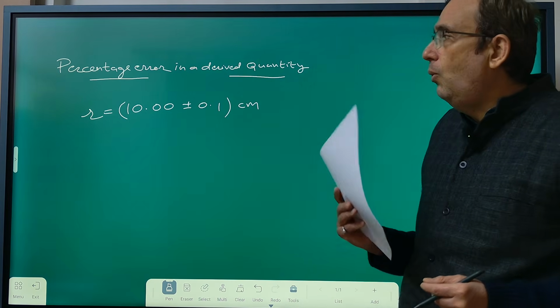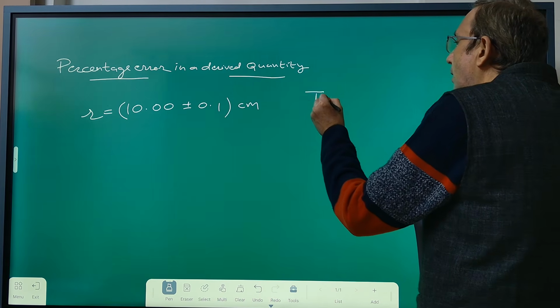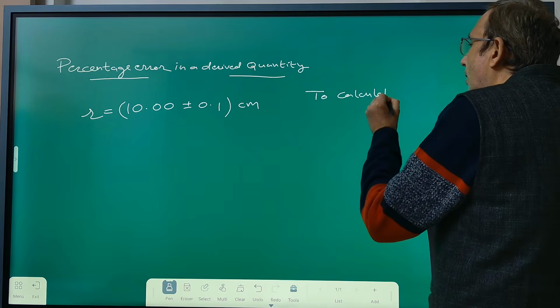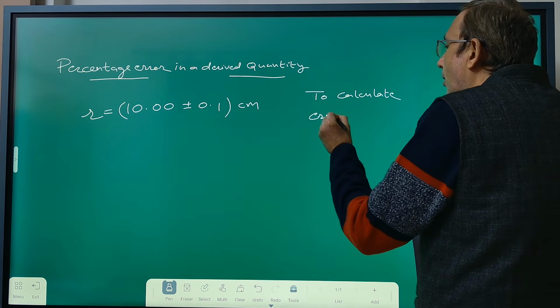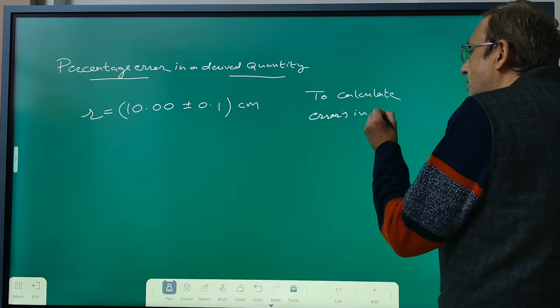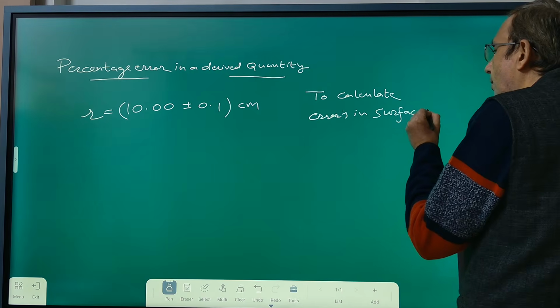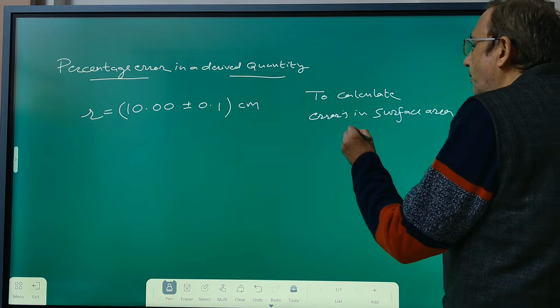And what is required is to calculate the errors in the surface area and in the volume.